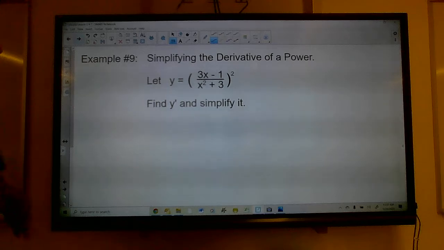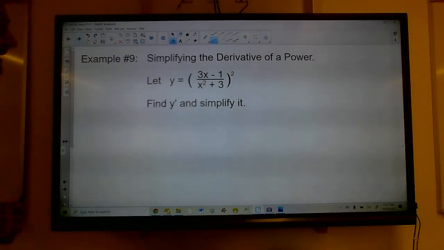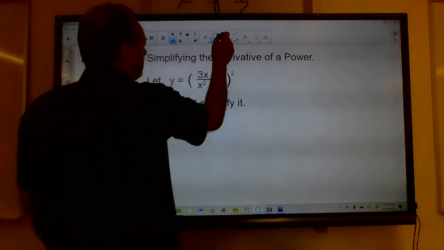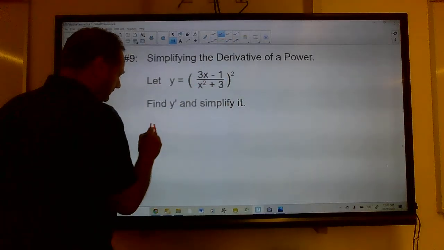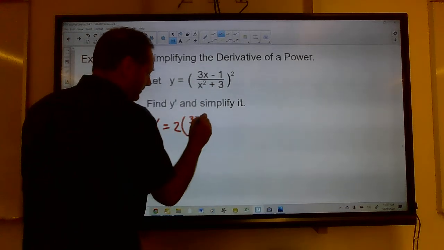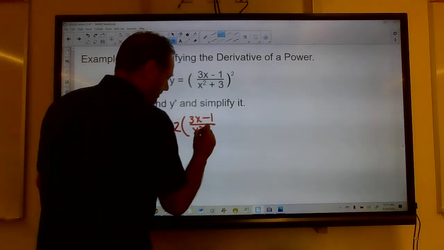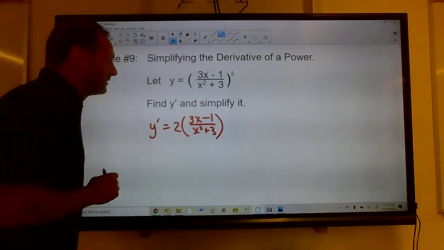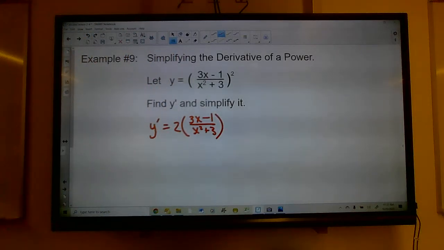Okay, simplifying the derivative of a power. So, find y prime and then simplify it. Okay, can I rewrite this? Not that I can see. So y prime is going to be 2 times this stuff times the derivative of the inside.